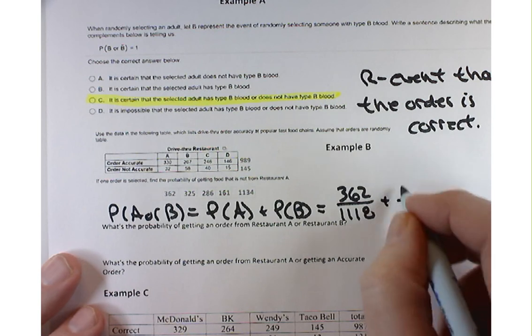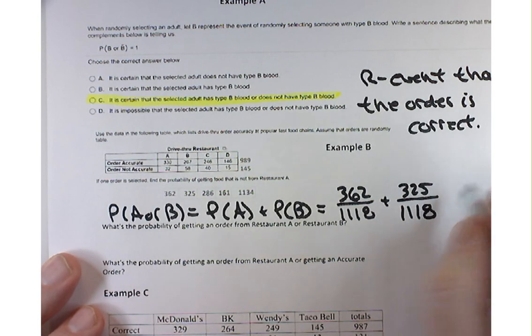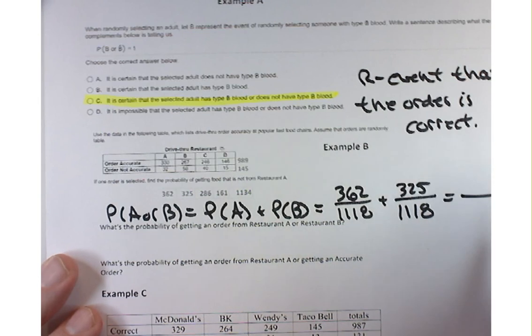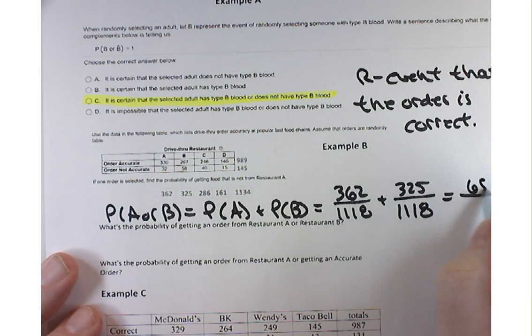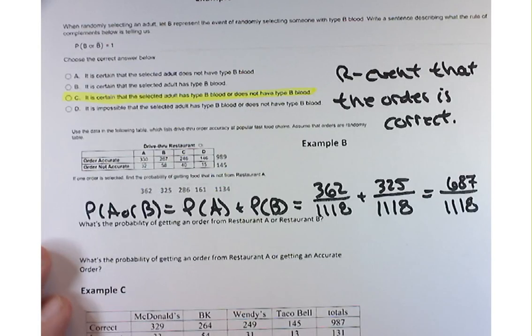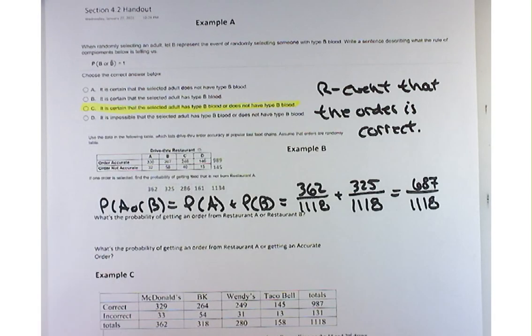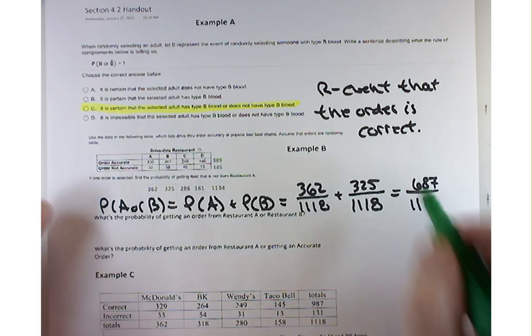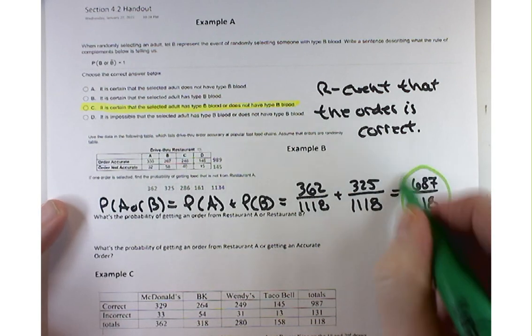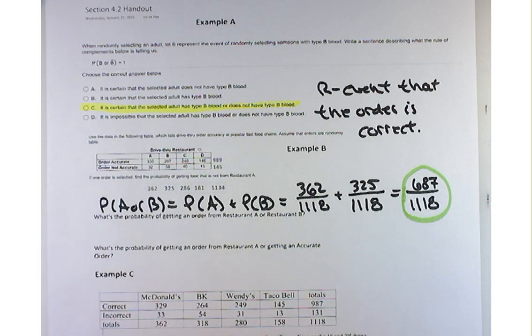Yeah, 325 over 1,118, for a total of 687 out of 1,118. That's the probability that somebody randomly selected from this table eats at restaurant A or B. So kind of a nice friendly one, and it's friendly because A and B are mutually exclusive.